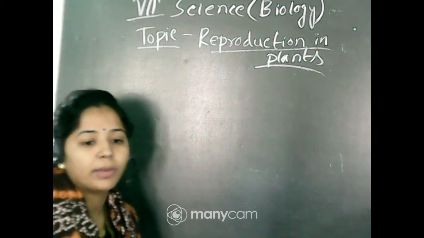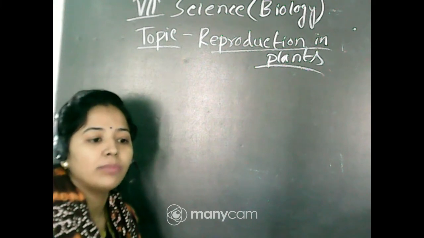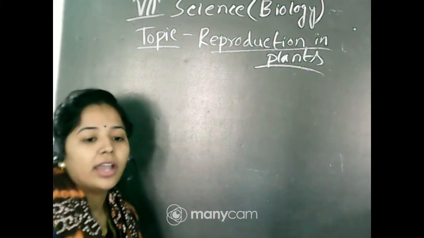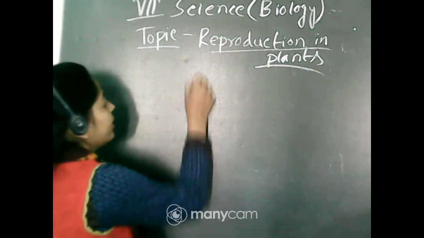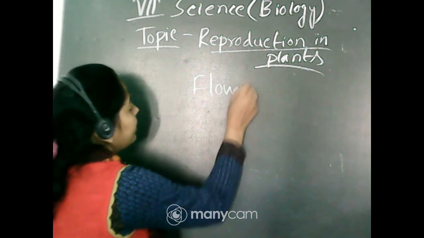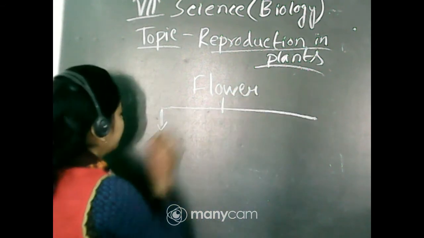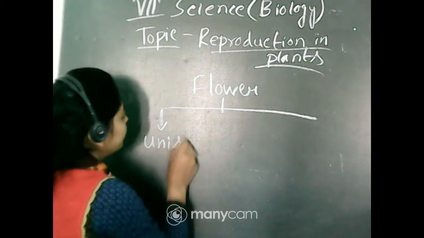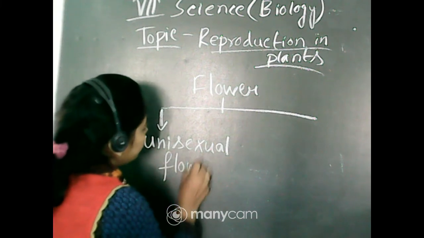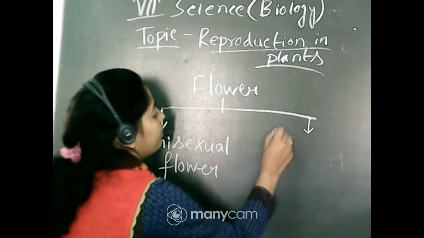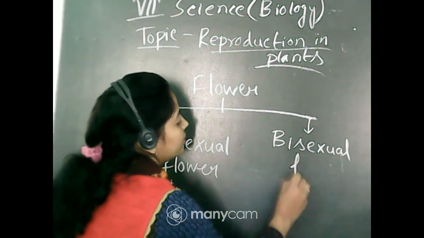Now, on the basis of the reproductive parts present in the flowers, flowers can be divided into 2 categories: unisexual flower and bisexual flower.